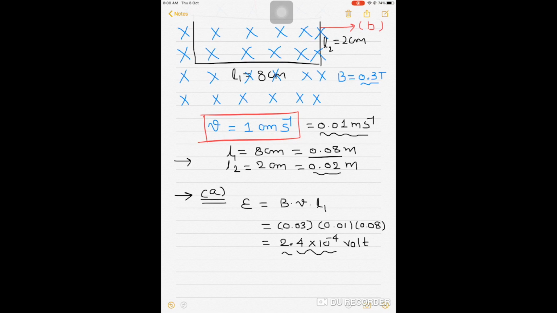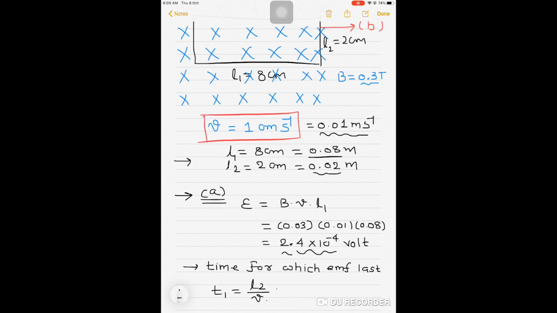So if its breadth is 2 centimeter, then for the subsequent part of the question, the time for which EMF lasts is equal to length upon velocity.